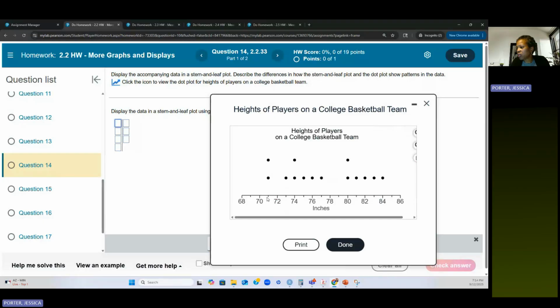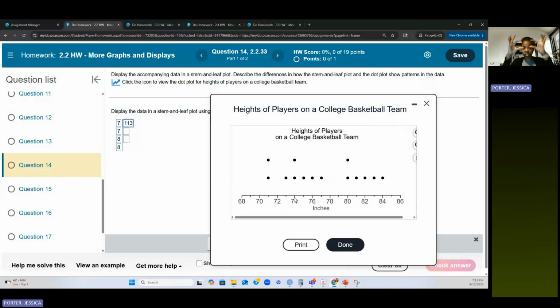So we've got 71. We got 7, 7, 8, 8 again as our stems. And then for the first one, 71, 71. So 1, 1, 3, and 74.